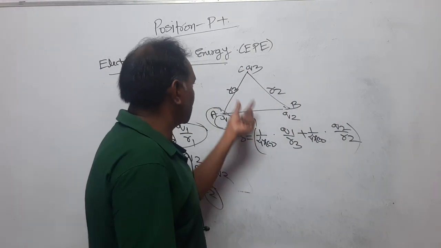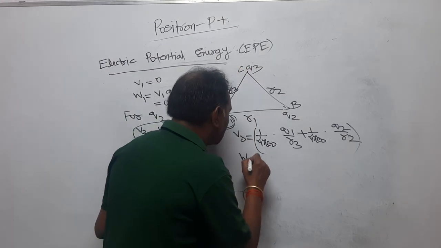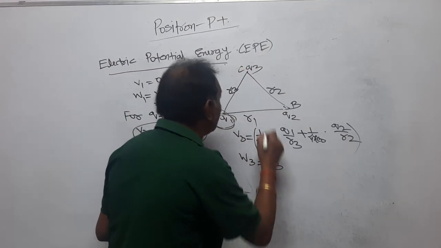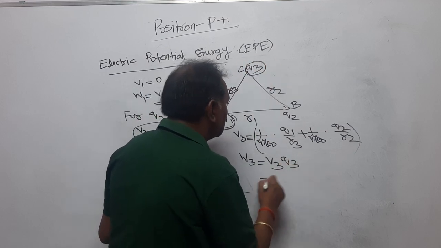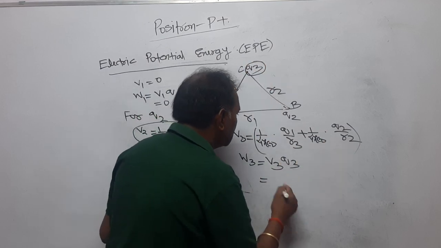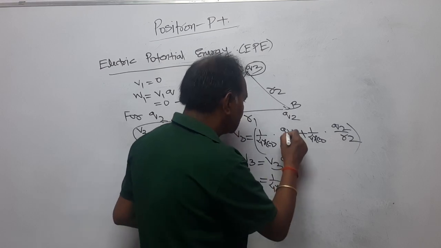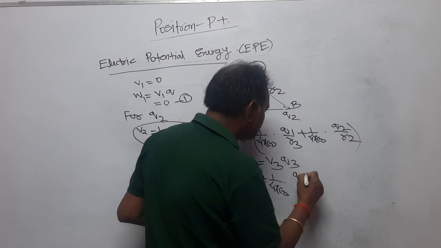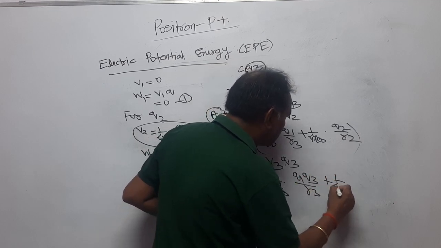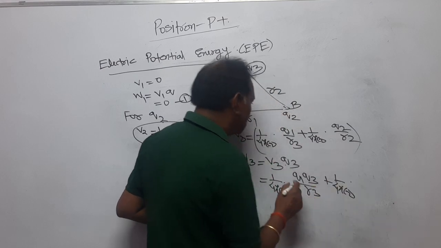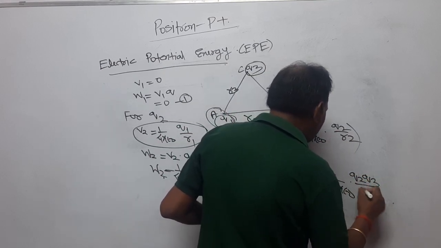Now in this potential field, a Q3 charge is brought, so work done W3 is equal to V3, the potential at this point, times the charge brought, Q3. So replace this value of V3, you will get 1 upon 4 pi epsilon naught Q1 Q3 upon R3 plus 1 upon 4 pi epsilon naught Q2 Q3 upon R2.